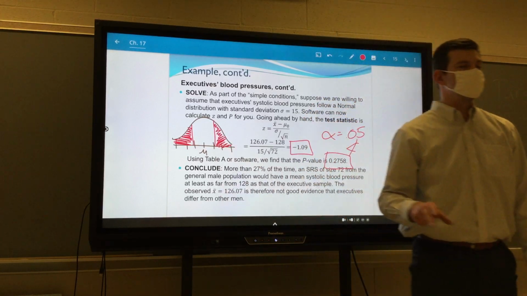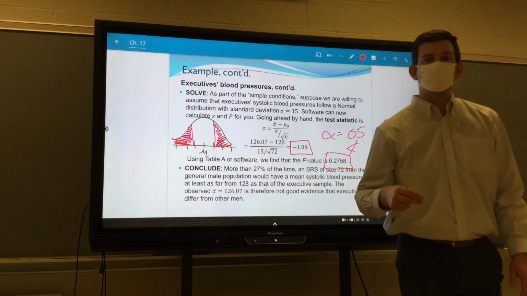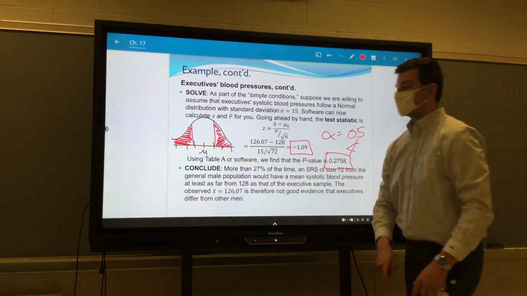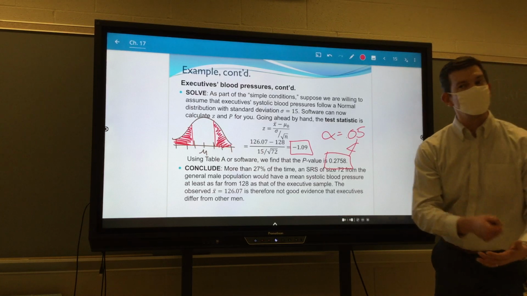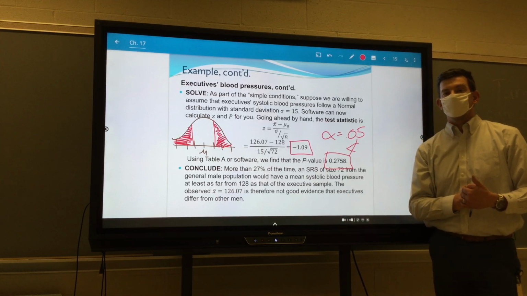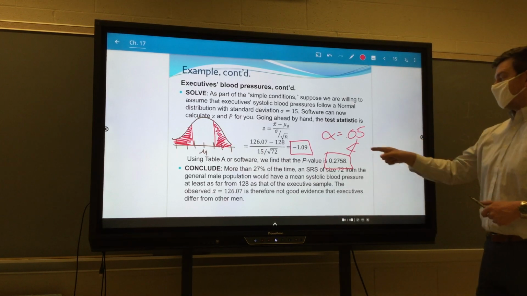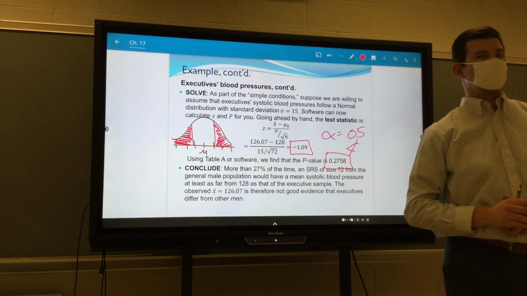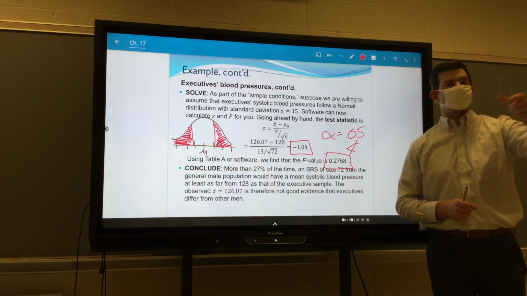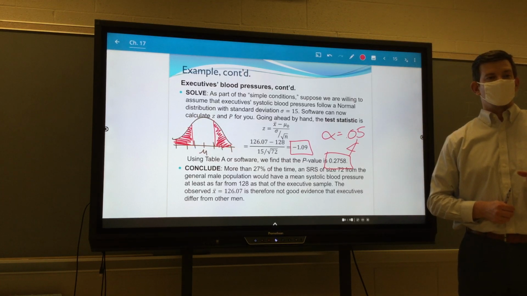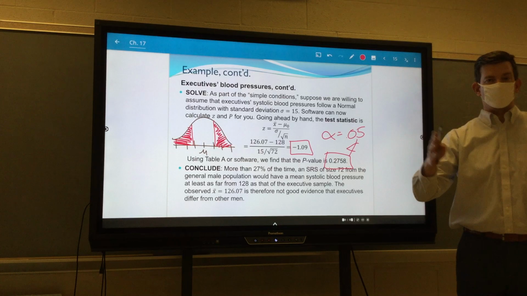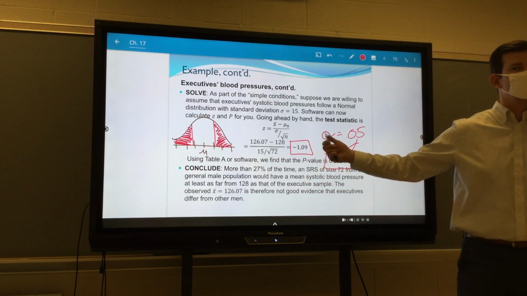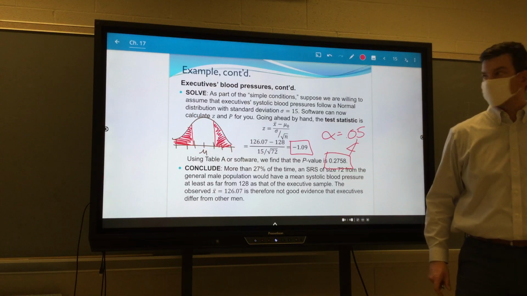What if that wasn't 72 people, but 7,200 people? A difference of that much across 7,200 people might be strong enough. So you could rerun that test, and maybe you do get a p-value that is small enough. All those things that we talked about with confidence intervals, and how they can be distorted based off of the different parameters, hold true with significance tests as well.